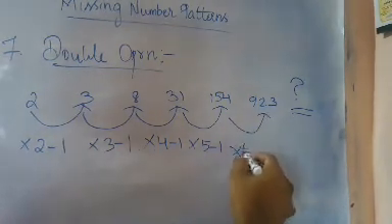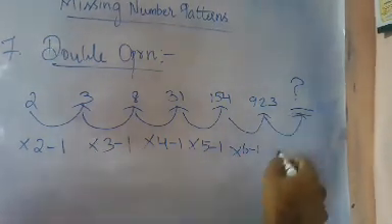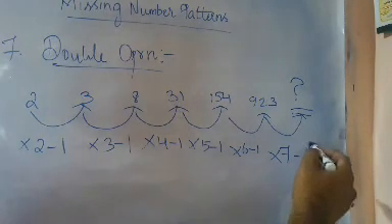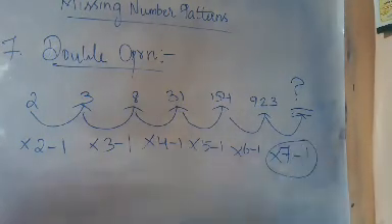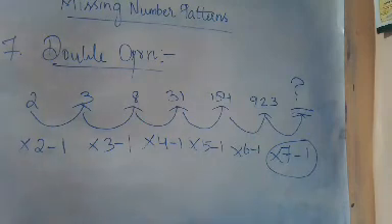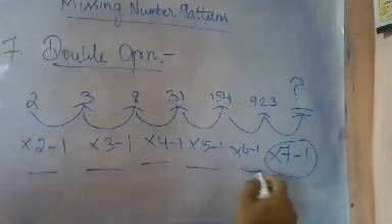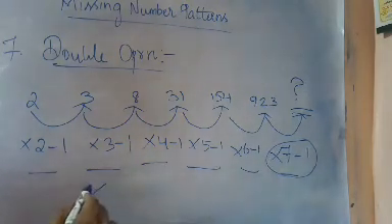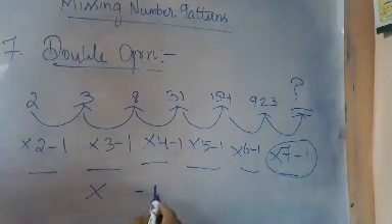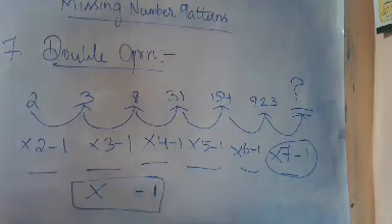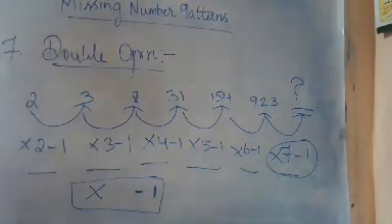Here it will be multiplied by 6 minus 1. And the final answer will be multiplied by 7 minus 1. So you can see there is a sequence of double operation. The number is multiplying and getting subtracted by 1. This is the sequence. So these are the various patterns available.